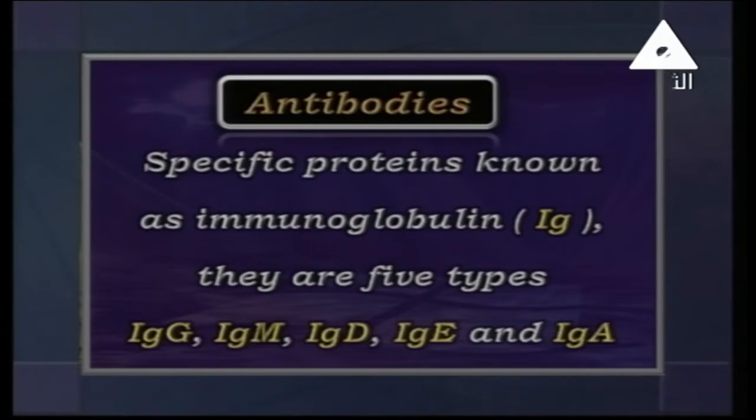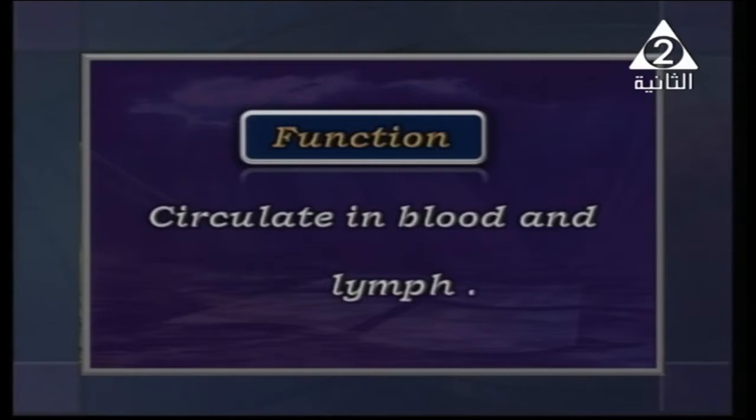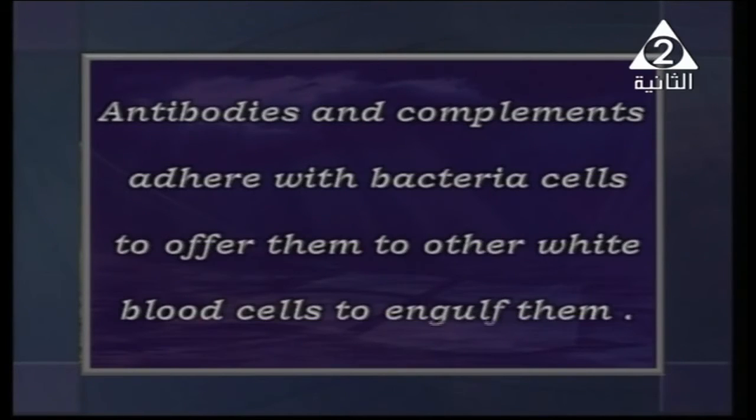What about the main function of the antibodies? Well, they circulate in the blood and lymph, along with the complements. Do you remember the complements? As we said, they are a group of assisting chemical substances inside your body. The antibodies and the complements adhere, meaning they stick to the bacterial cells, to offer them. What does it mean to offer them?